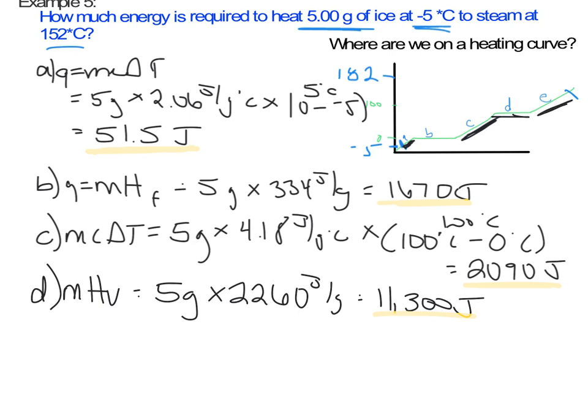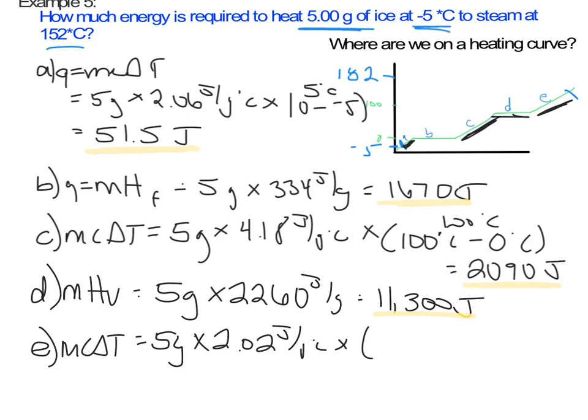We have another diagonal line, so we know it's going to be an MC delta T. So 5 grams times, now this time we have to use a specific heat of steam, of gas water. So that's 2.02 joules per gram degree Celsius times that change in temperature of just step E. So final would be 152 minus the initial, which we started at 100.